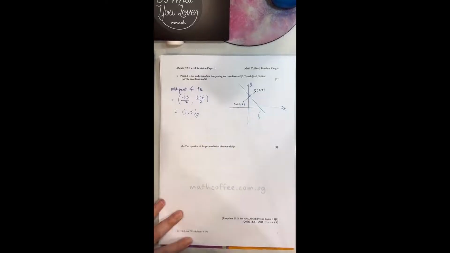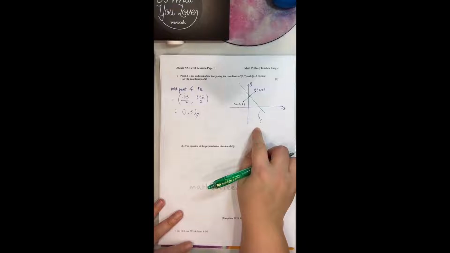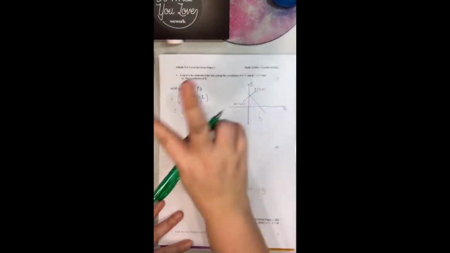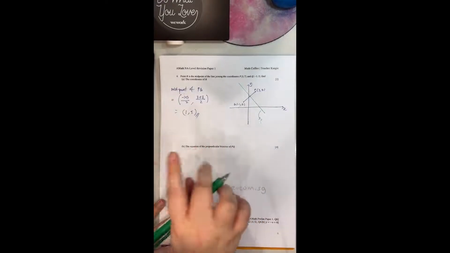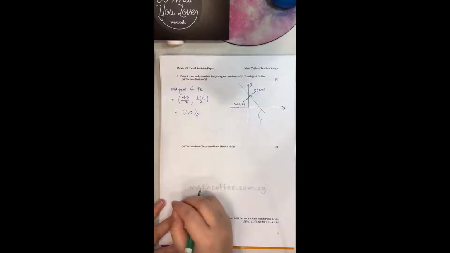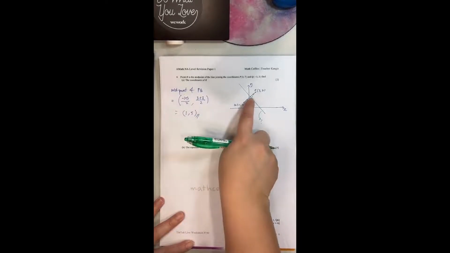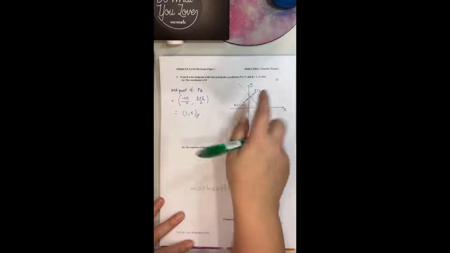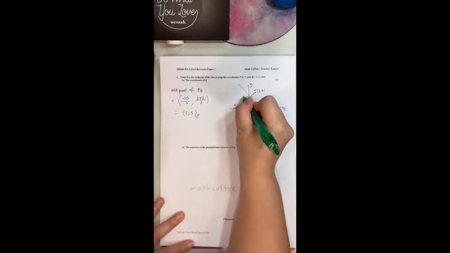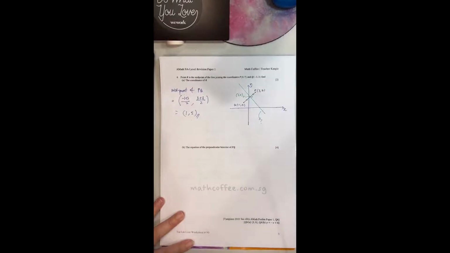So they're asking you to find the equation of this green color line. Two requirements. Perpendicular means 90 degrees. Bisector means here and here is equal. So because here and here is equal, we know that this point here is actually the midpoint, 1, 5.